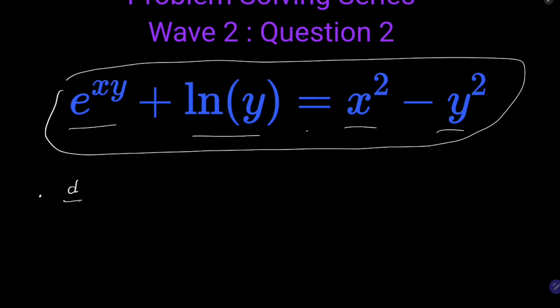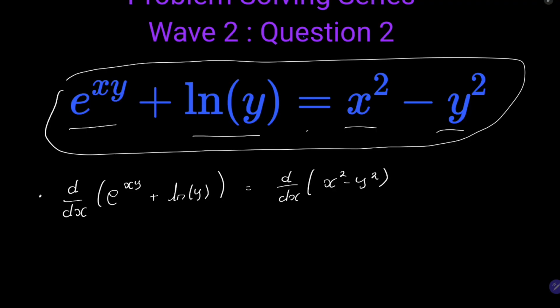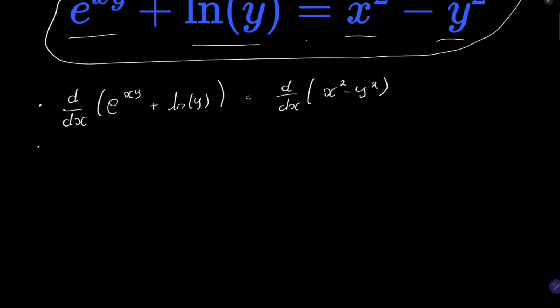Applying on both sides, we have derivative with respect to x of e to the xy plus ln of y equals the derivative with respect to x of x squared minus y squared. Opening the brackets, that is using our sum and difference rules of differentiation, which tells us that the derivative of a sum or the derivative of a difference is equal to the sum of their derivatives or the difference of their derivatives.